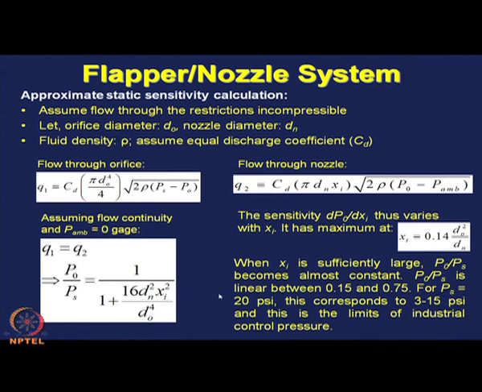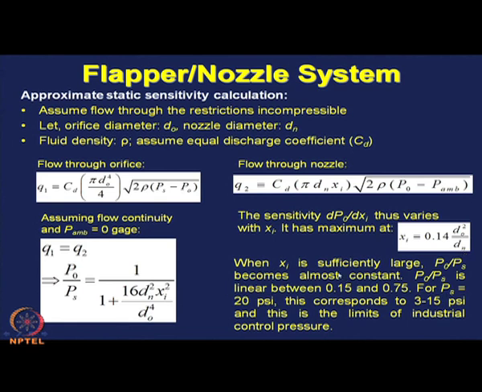So, the displacement sensitivity of the flapper nozzle system can be found from this equation as d by dxi of this part of the equation, and it can be seen that sensitivity has a maximum at xi equal to 0.14 into DO square by DN.